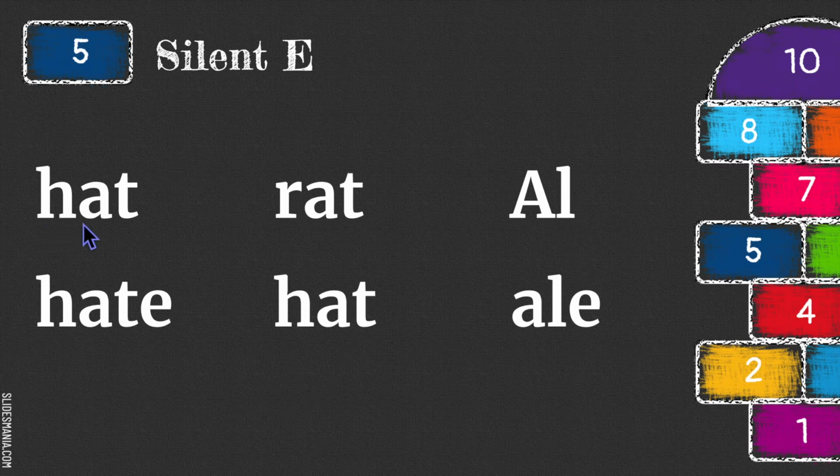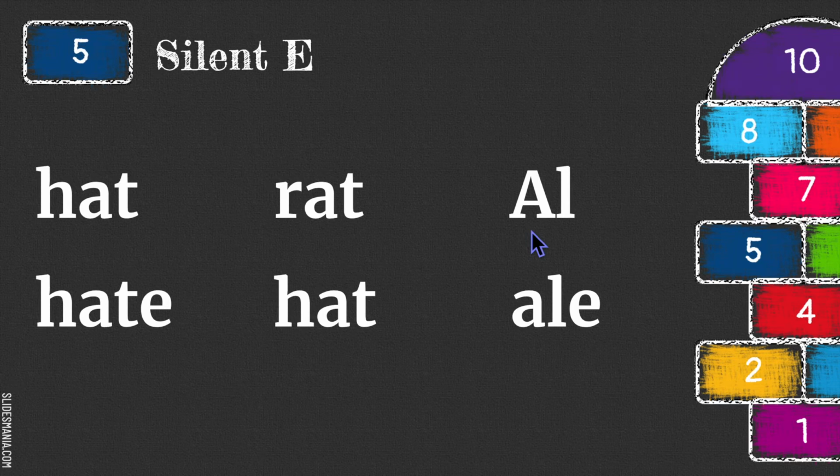And it's okay to run your finger below the letters if you need to. We come down here. There's an E at the end. We go back two letters before it. This vowel is going to take on its long sound, which is A. So we have A, hate. We're going to skip this one because I did not type that correctly.